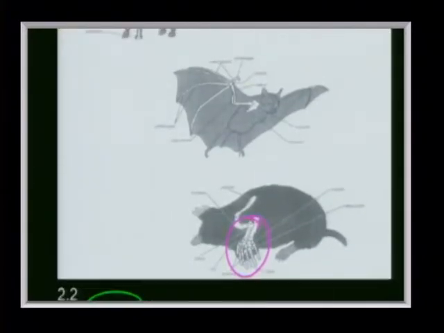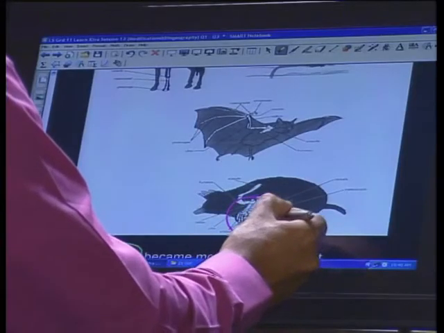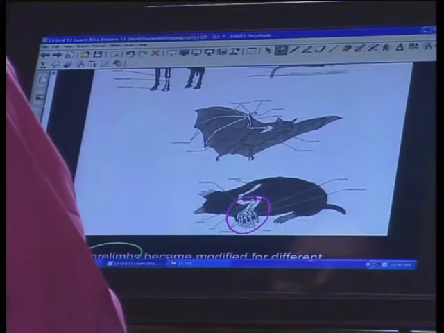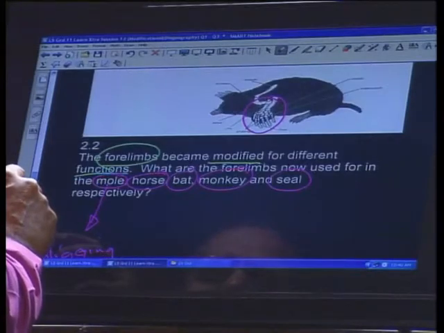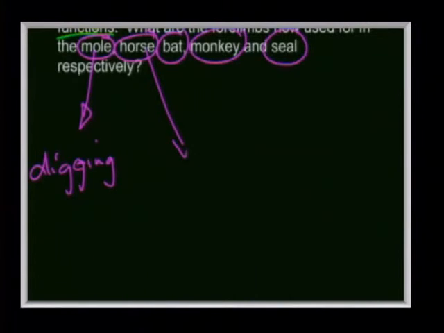And how do you know that? Based on the previous presentations, you'll see that the phalanges are enlarged, and that basically creates a bigger claw, which then makes it possible for the mole to dig deep in the soil. Let's have a look at the next one. The horse, I think that's quite obvious.